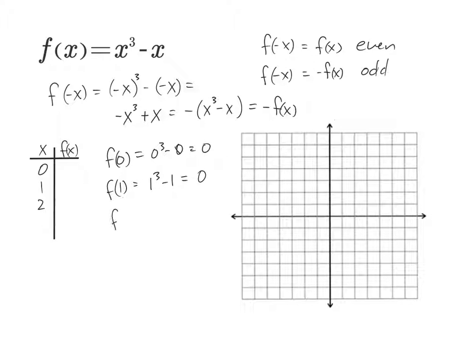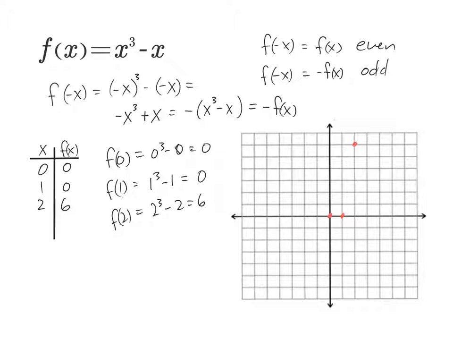And then I get f of 2, which is going to be 2 cubed minus 2. Well, 2 cubed is going to be 8 minus 2, it's going to be 6. So we end up getting 0, 0, and 6. So that's going to be here, here, and here.